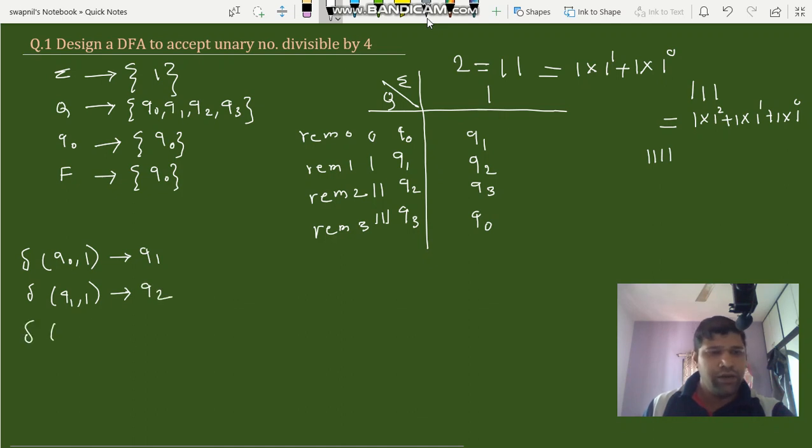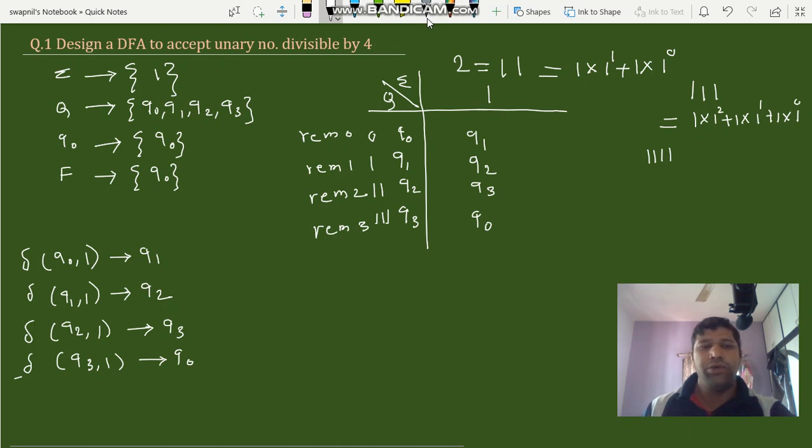Then delta of q2 with 1 generates state q3, and delta of q3 with input 1 generates state q0. So these are the state transition equations for this problem.